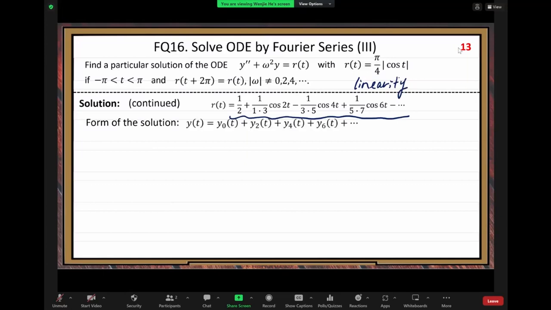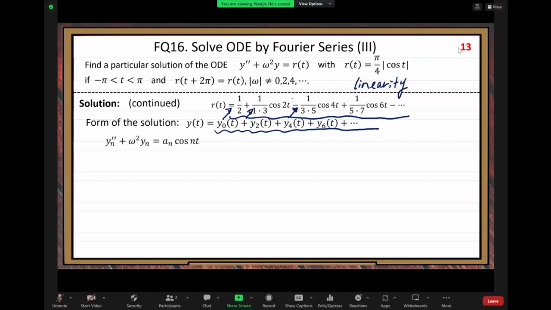So the solution takes the form of a summation of individual components. Here we call them the components y0, y2, y4, corresponding to individual terms in our Fourier series expansion. In that way, we can simplify the structure.